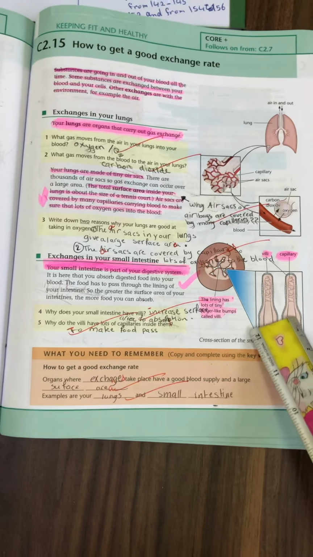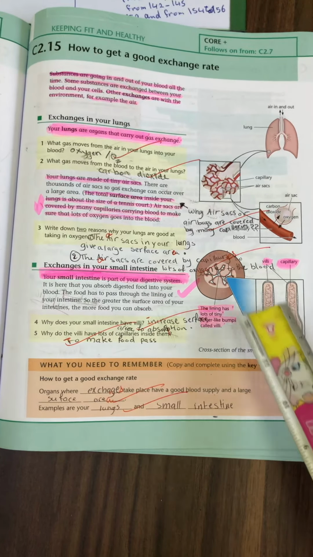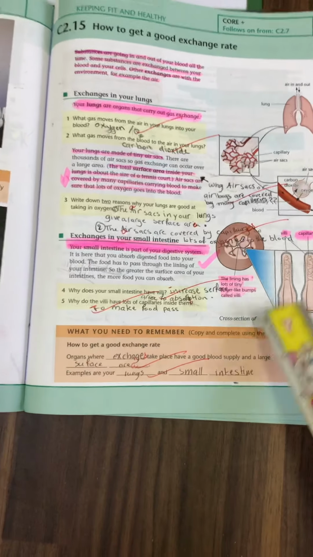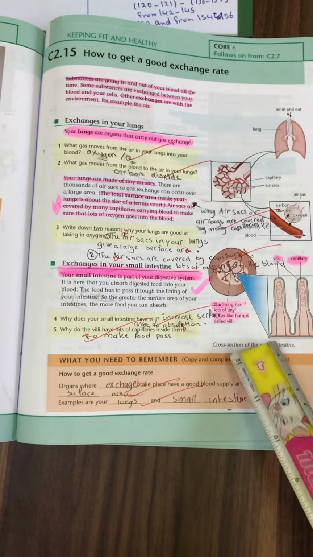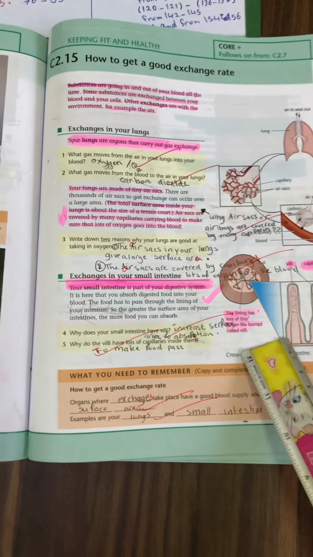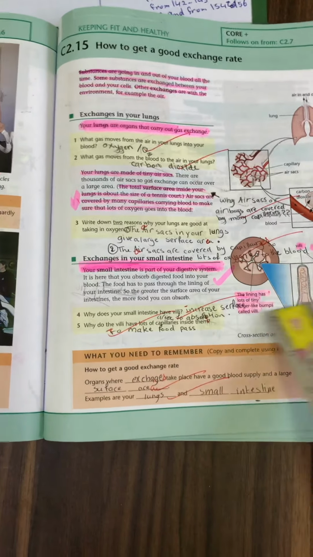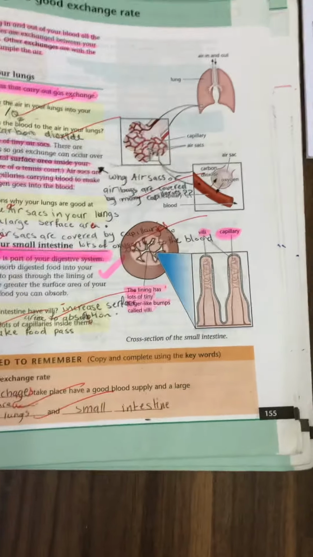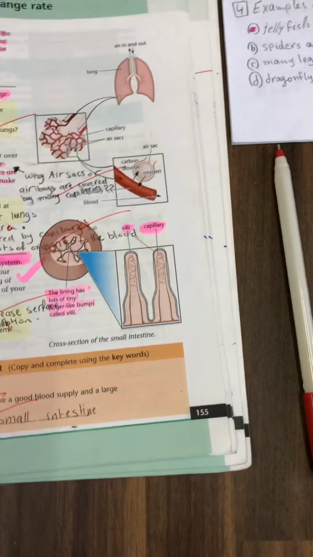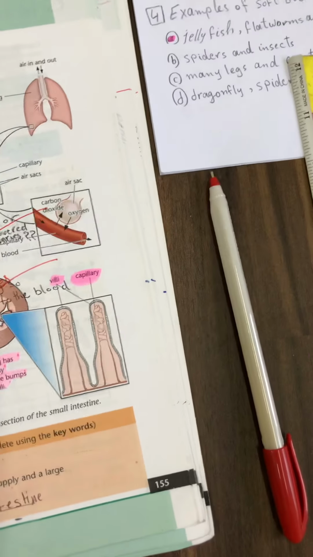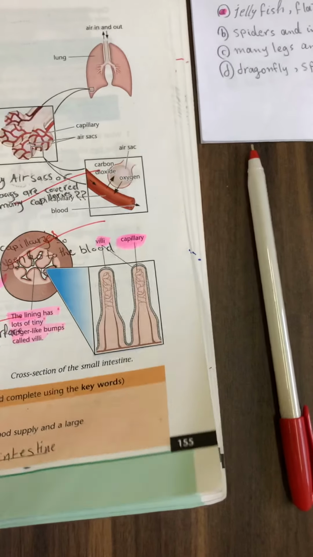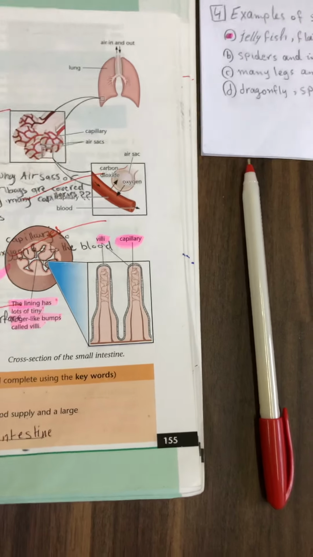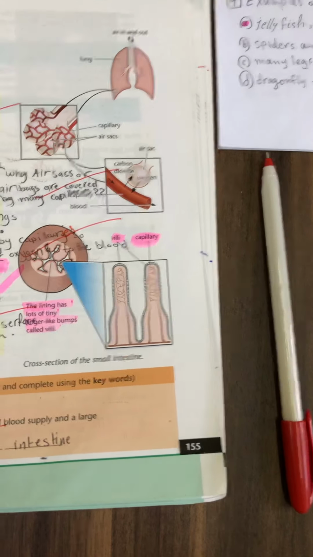This glucose will be absorbed from the small intestine through the villi. The villi, finger-like structures in the wall of the small intestine, are also surrounded by a large amount of capillaries and allow the glucose to pass to the capillaries, and the blood capillaries take it to the blood, to the other organs.